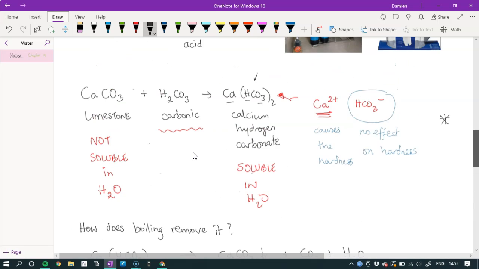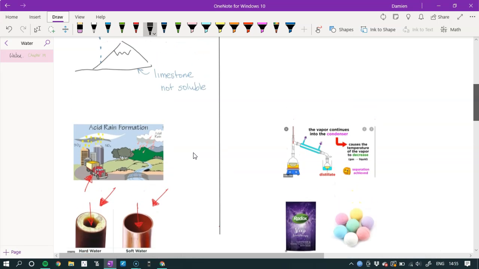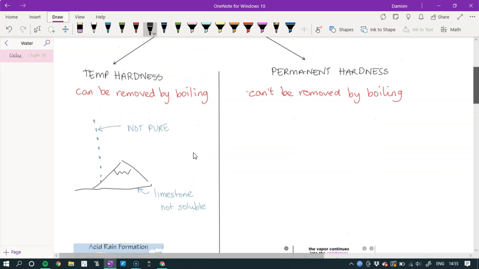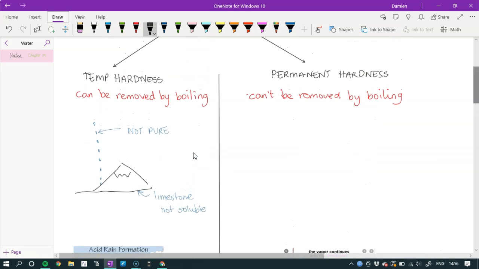So that's it for temporary hardness, which can be removed by boiling. And now what we're going to have a look at is permanent hardness. So permanent hardness can't be removed by boiling. So your temporary hardness, again, is caused by calcium ions, and there's some magnesium ions possibly as well.